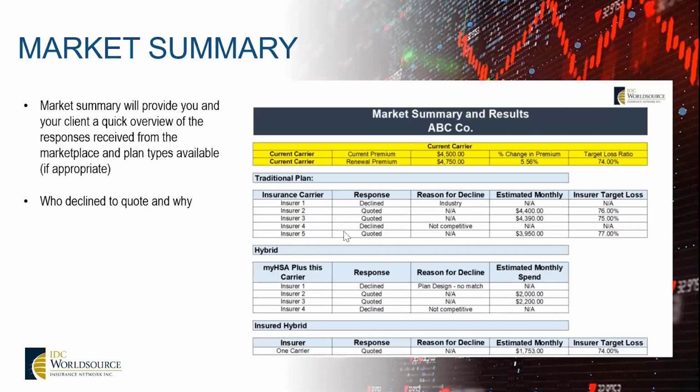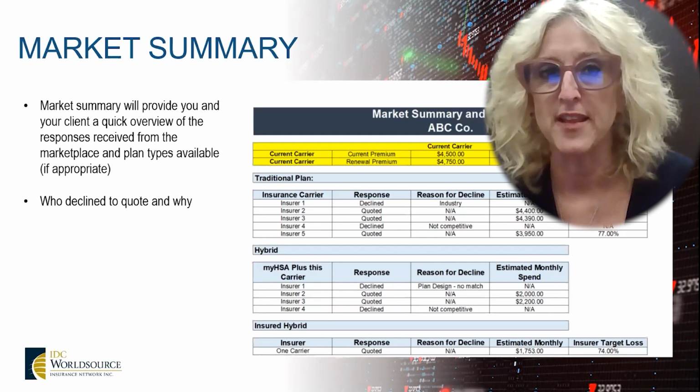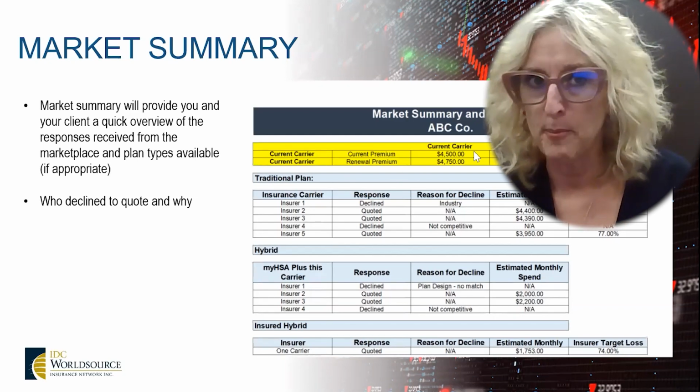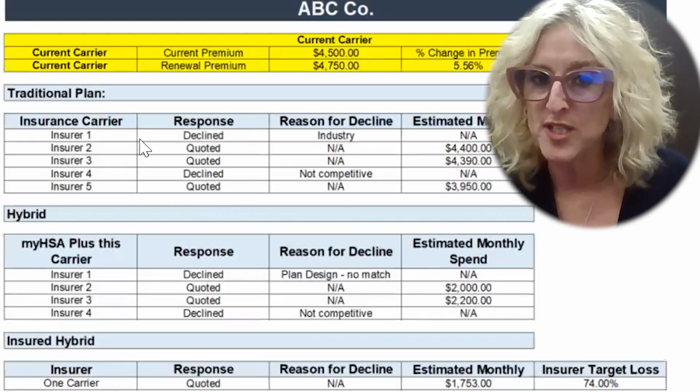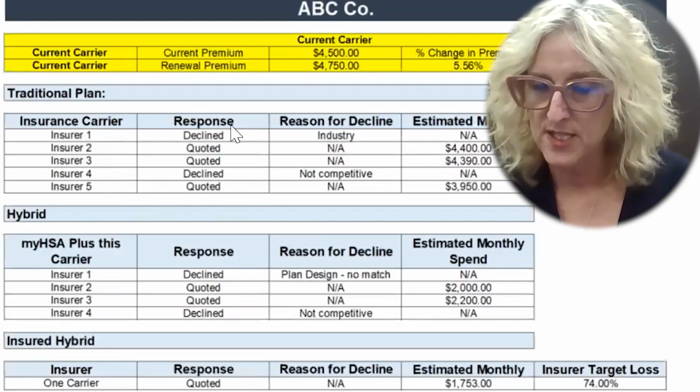So as I mentioned before, really the first page of the presentation is what we call the marketing summary. If the group is a virgin group, you might not see this top portion, but you will see at the bottom the carriers that we've gone to and the responses that we've given.